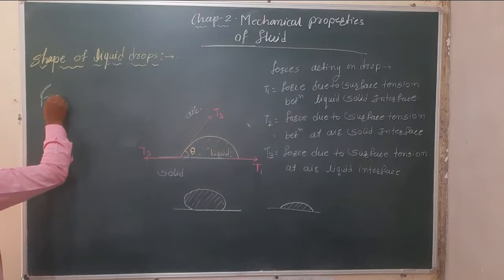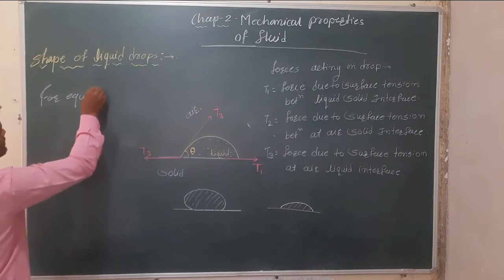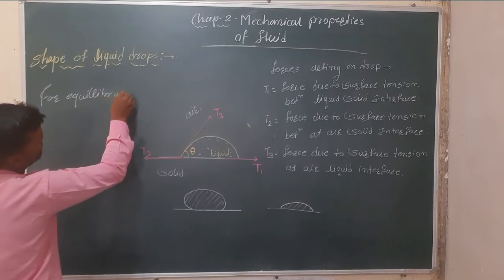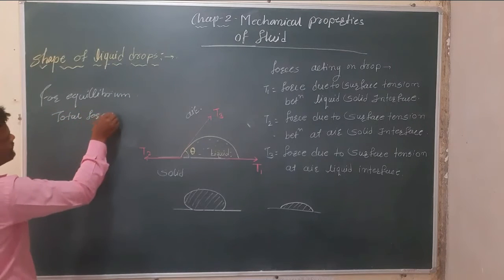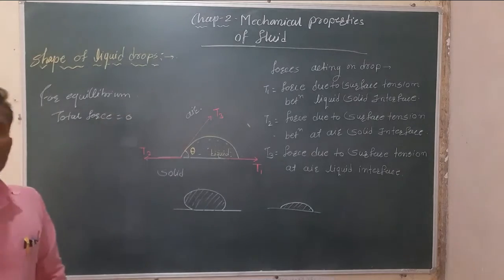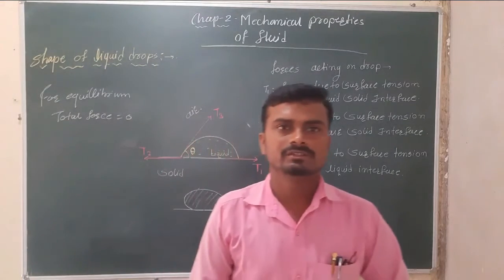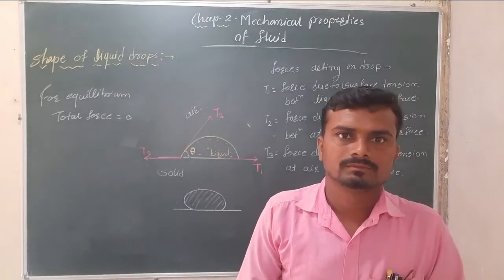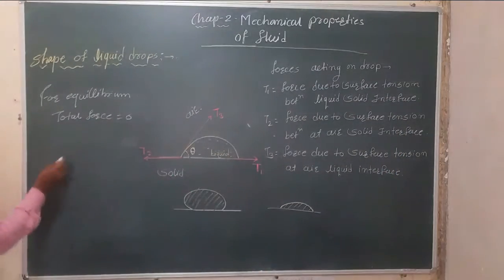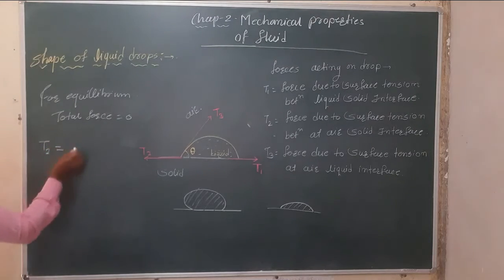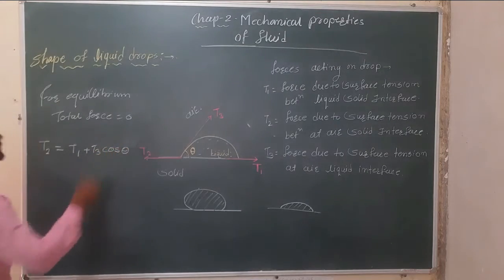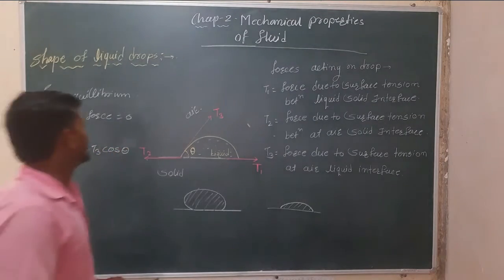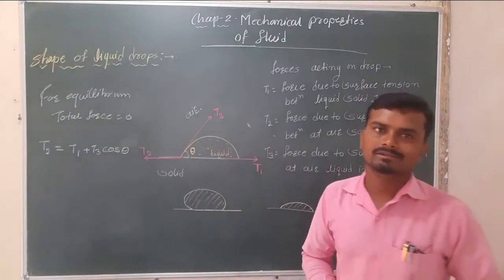For equilibrium, total force must be 0. Then we can write T2 must be equal to T1 plus T3 cos theta.